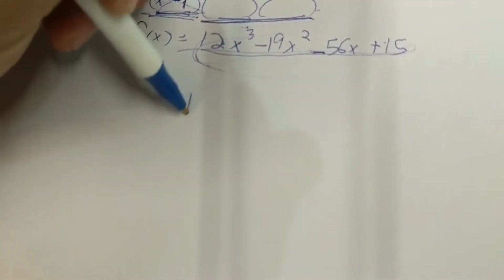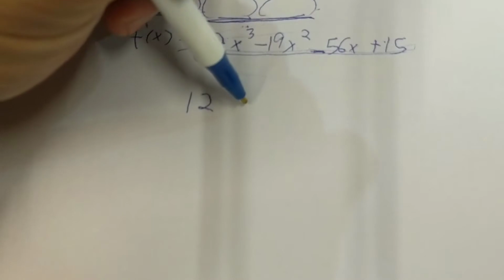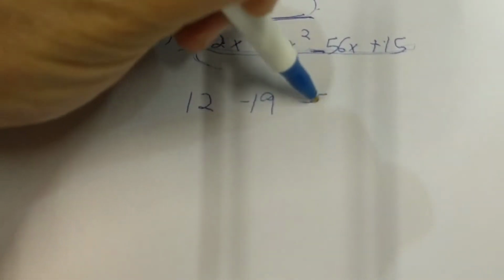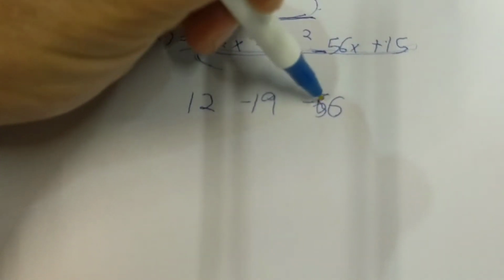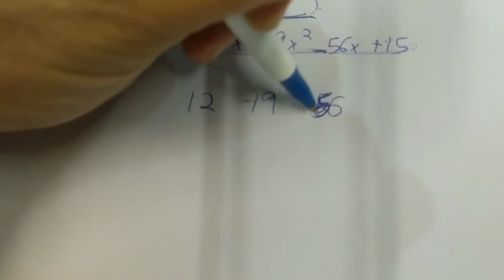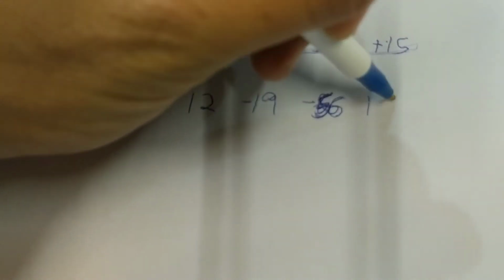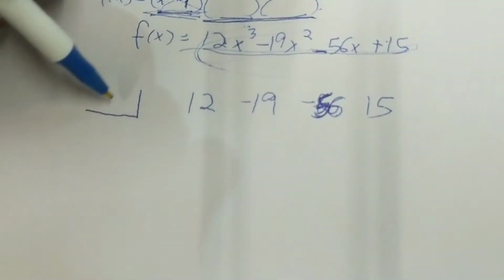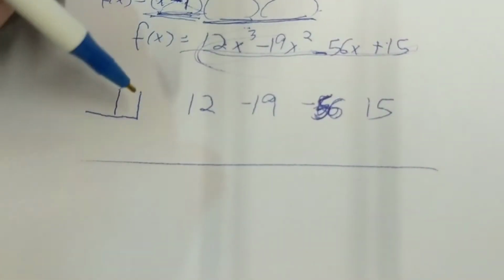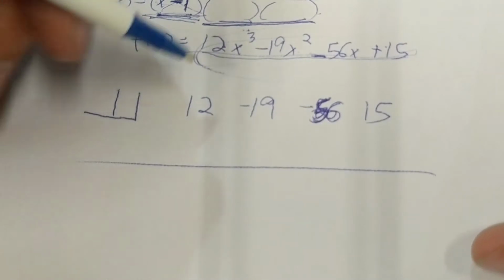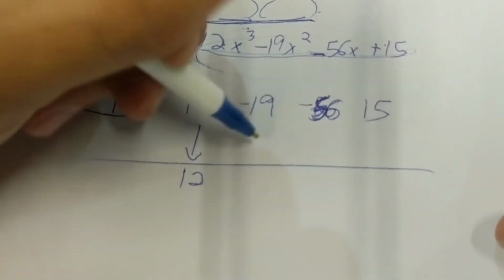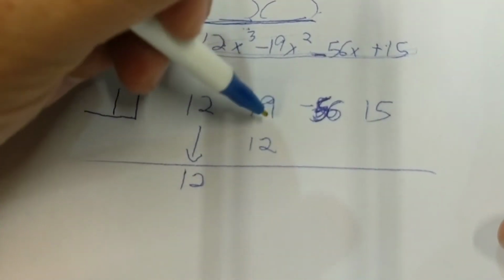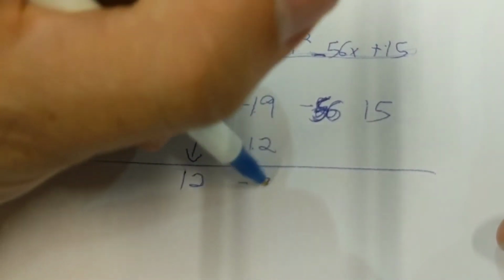By synthetic division, that'll speed up the process. We have 12, negative 19, negative 56, and then 15. Dividing out, we'll say 1 this time, and see if it comes out with a remainder or not. Drop the 12. 1 times 12 is 12. Negative 19 plus 12 is negative 7.